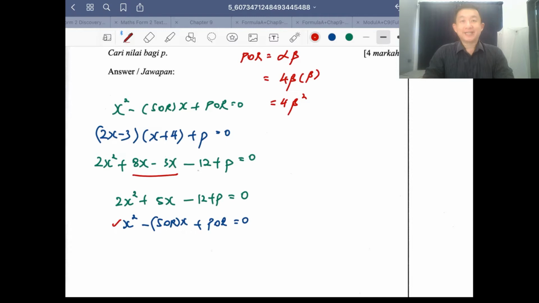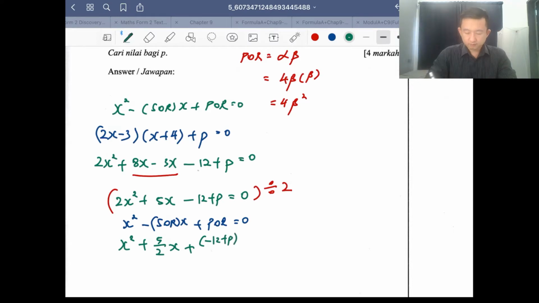The coefficient here is 1. The coefficient here is 2. You need to make sure it's the same. So this whole thing divided by 2, x squared, right? 0, still 0. You compare.